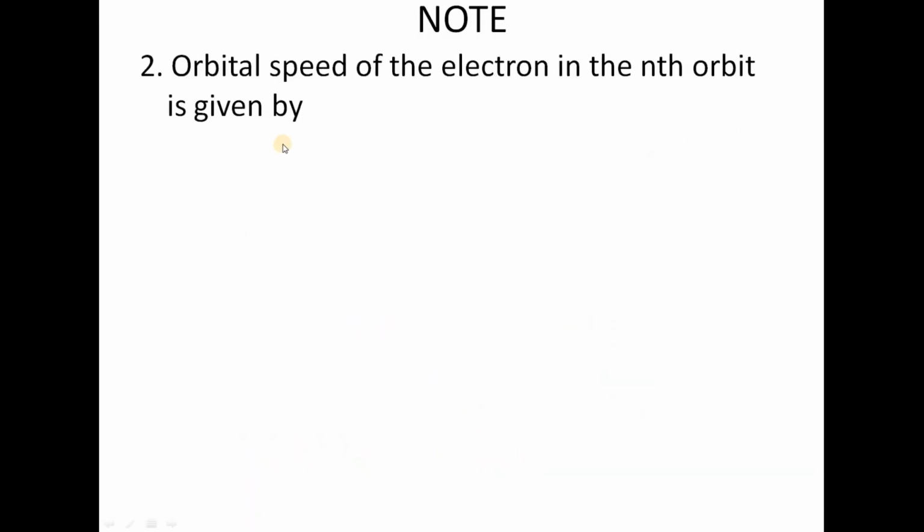Now the second point is, the orbital speed of the electron in the nth orbit is given by, we already derived this formula, V is equal to Ze square divided by 2 epsilon naught n h. Now as we can see, Z is atomic number, e is charge on the electron, 2 is constant, epsilon naught is also constant, h is also constant.